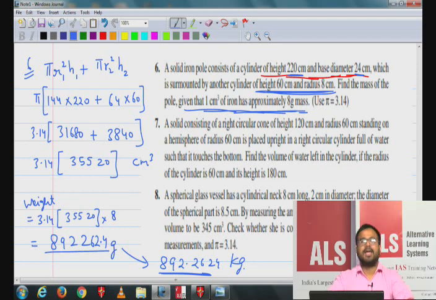So any doubt in the 6th one? Anybody? CC4, I am coming back to you, just 1 minute. Any doubt in the 6th one? Tamenglong, I hope you are getting it now. Only the calculation part is there.